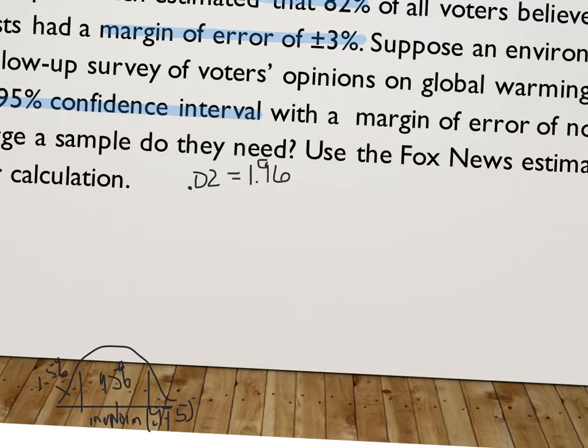So from there, we have our square root, and we're going to use the proportion that they provided us already in the example. So our probability of success is 0.82.